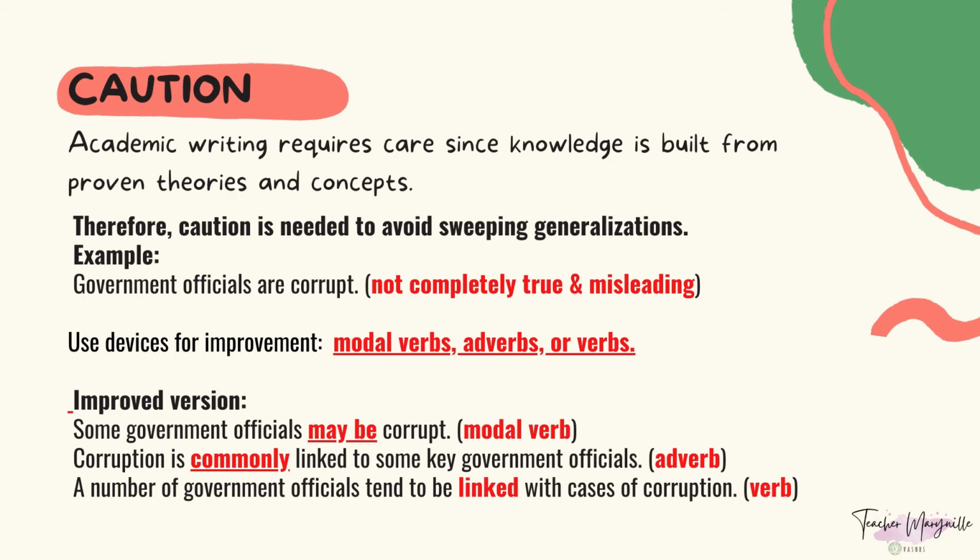Corruption is commonly linked to some key government officials. So the adverb is commonly. Now what about the verb? Here's an example. A number of government officials tend to be linked with cases of corruptions. So linked is an example of a verb.